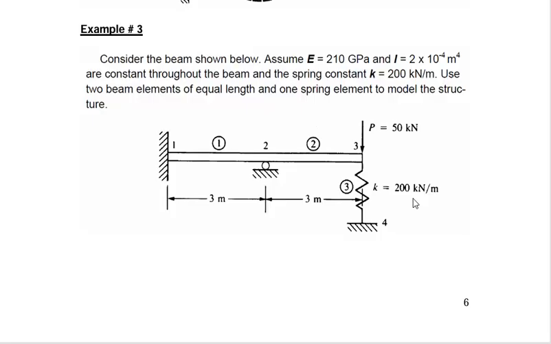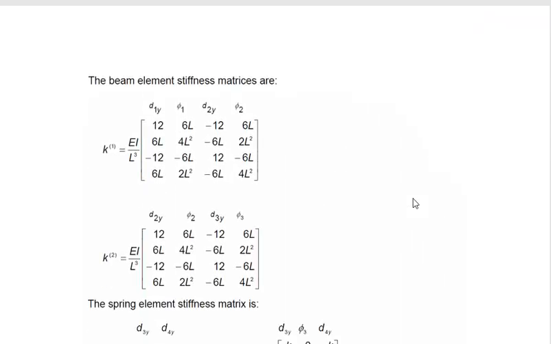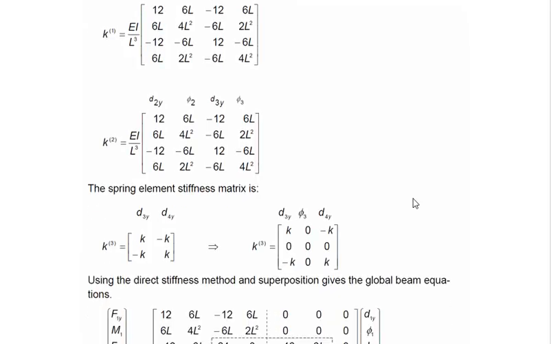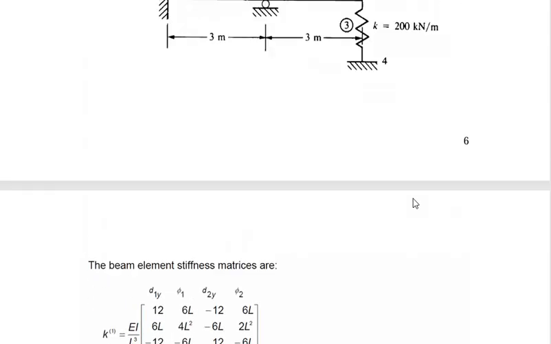Now, the general procedure still remains the same. We start by writing down the element stiffness matrices, and then we combine them to make the global stiffness matrix, and so on. Just in one step, there will be a change, and we'll see how to incorporate that change.